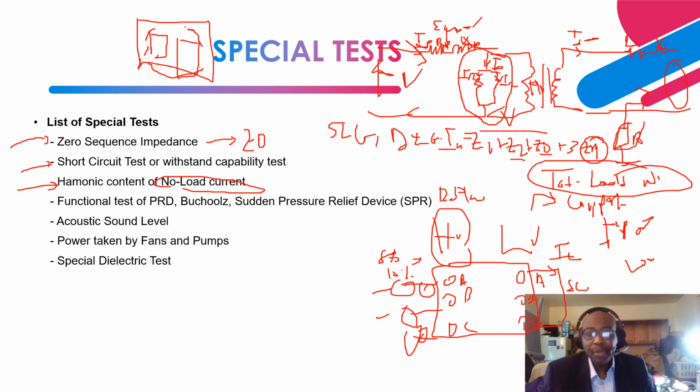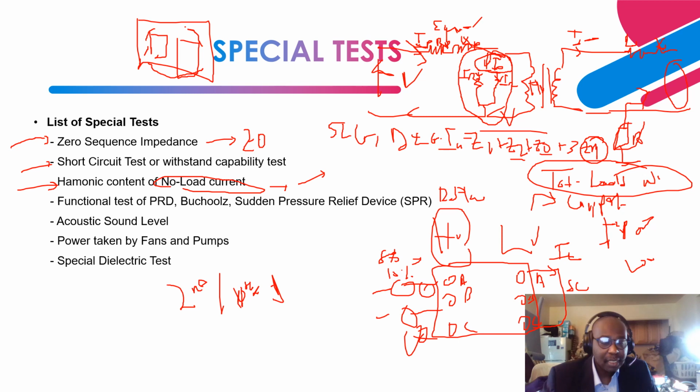So what do we do? That is the reason why the protection relay engineer or the customer requests the harmonic content of the no load current. This no load current, as you can see over here, is rich in harmonics: the second harmonic, the fourth harmonic, the third harmonic, and the fifth harmonic.